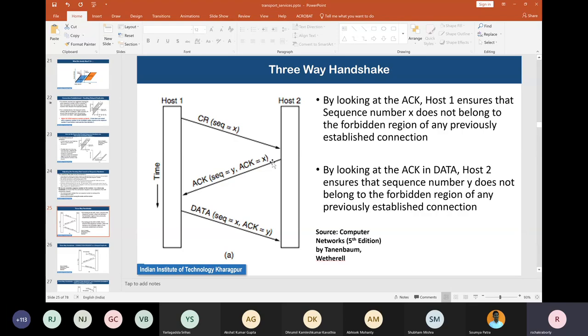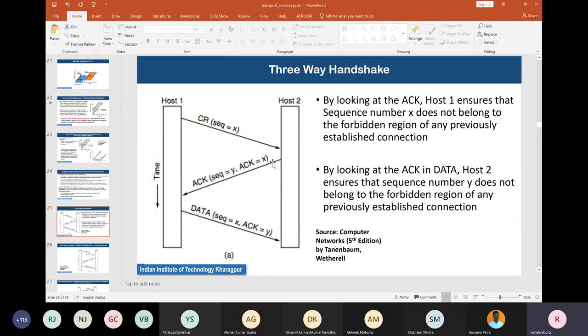And it notices that the initial sequence number being proposed by host 1 for its own segments is X. If host 2 has no problem with this choice, meaning it is okay to start a connection with host 1, it says, okay, I will now start a connection. It opens a connection with host 1 and sends an acknowledgement segment back to host 1.